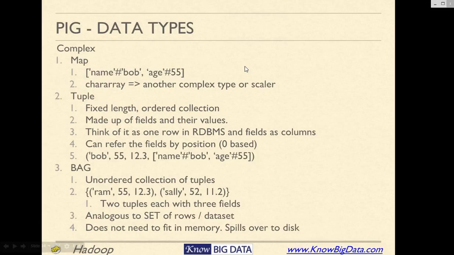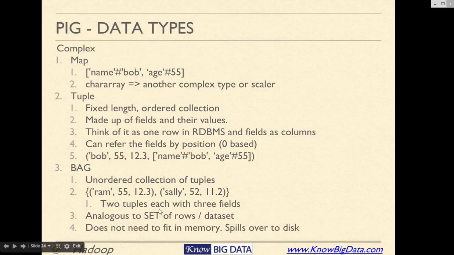Okay. And what is a bag? Bag is basically an unordered collection of tuples, right? So you can think of a bag as a set of rows from a table, right? So a tuple is a single row, whereas a bag is a set of rows, right? Bags are denoted by curly braces, and the tuples in the bag are separated by commas.